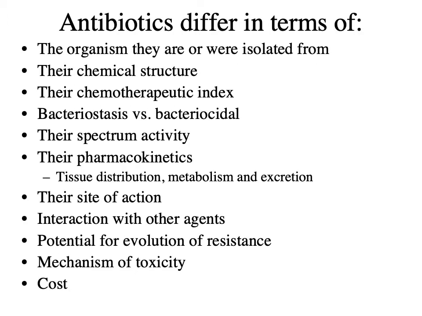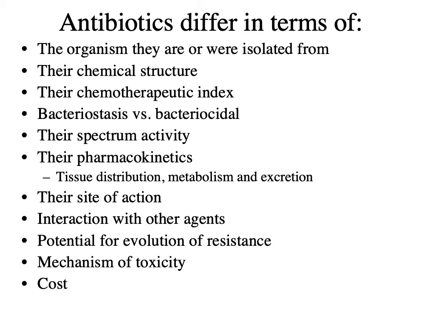If we compare different antibiotics, and this is kind of the class that we're going to focus on in terms of drugs here, things that are made in nature for bacteria, basically. They can be different by where we found them, their chemical structure, their chemotherapeutic index, like where does it actually go in the body, what is its action, bacteriostatic versus cidal, like remember that means does it just inhibit their replication or does it kill them?